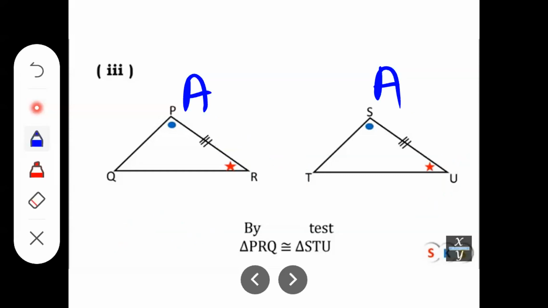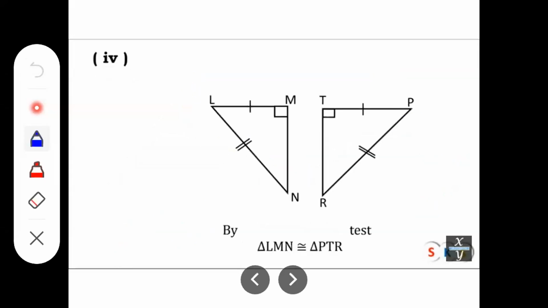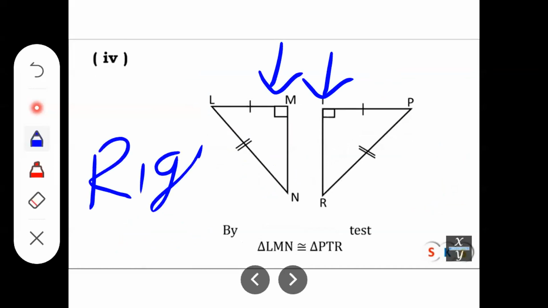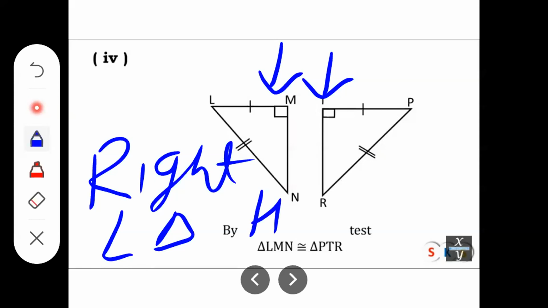And the last example of this kind, here you have to only identify the test. Now easily, as the angles mentioned here are 90 degrees, so it is a right angled triangle. Sorry. So as it is a right angle triangle, the test specially used here is the hypotenuse side test. Now which is the hypotenuse?